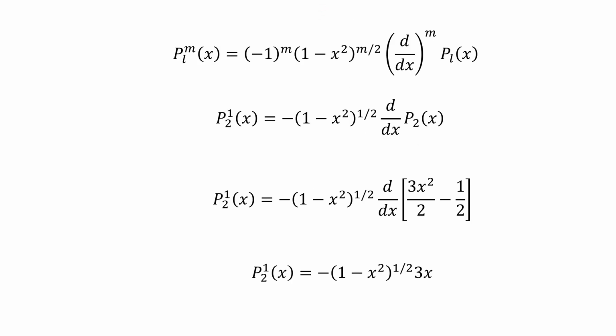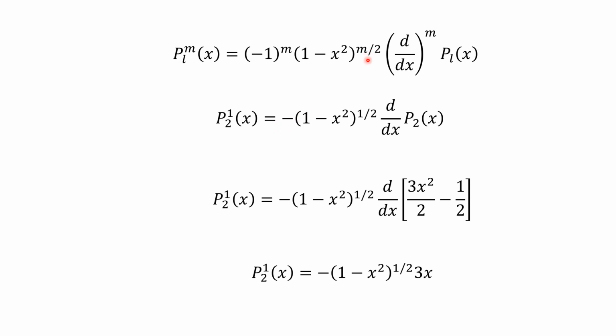Now the next task is to find the associated Legendre function P_L^M(x) = (-1)^M (1 - x^2)^(M/2) d^M/dx^M P_L(x). I have already explained this definition. For L equal to 2 and M equal to 1, the first term (-1) to the power 1 is minus 1, so I am keeping minus here.